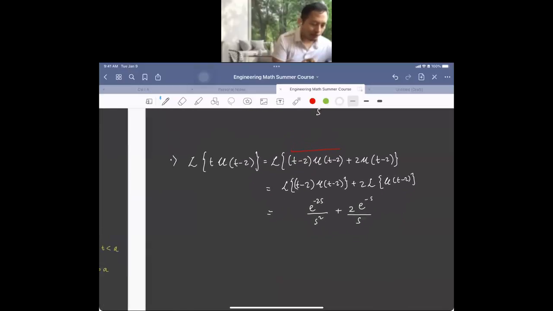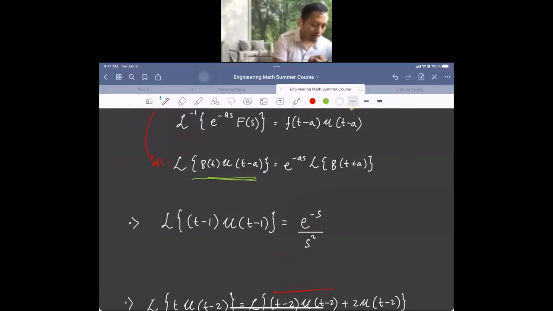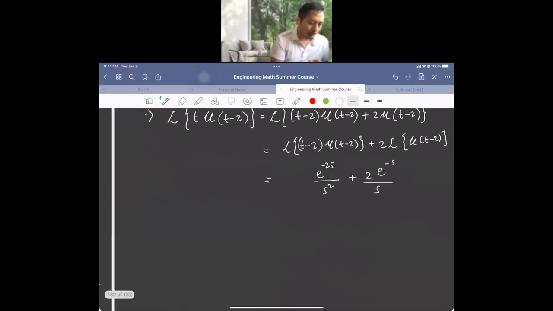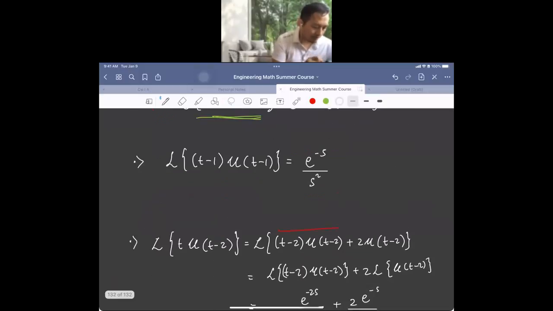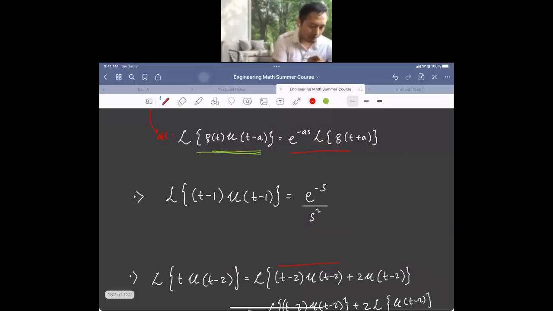Now, if we want to make it into the alternative form, let me write the question again here: t times Heaviside t minus 2. Okay, alternatively, we can write that this is equal to, we can directly just write this.